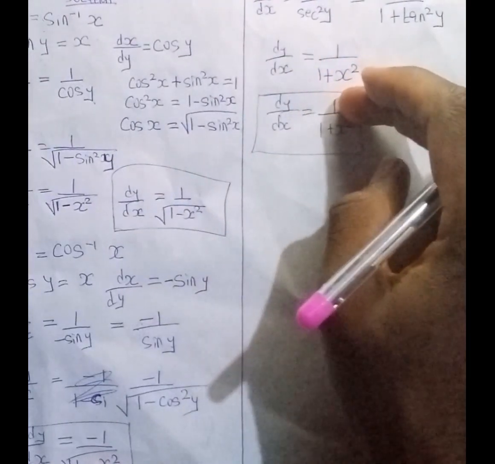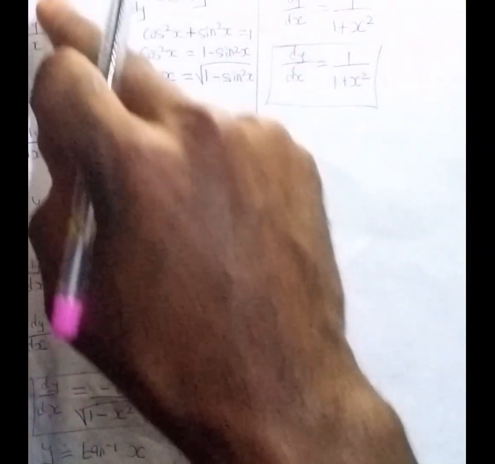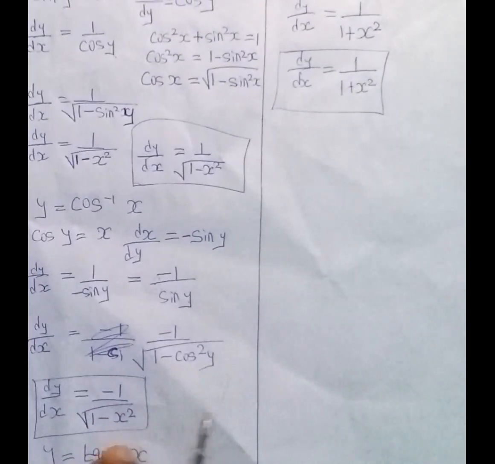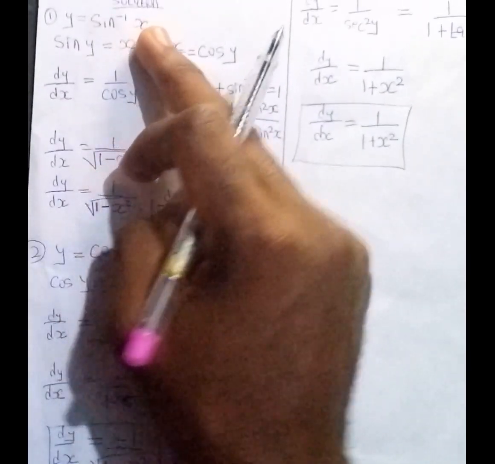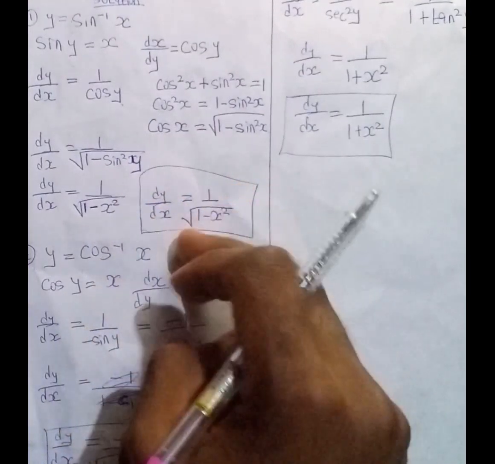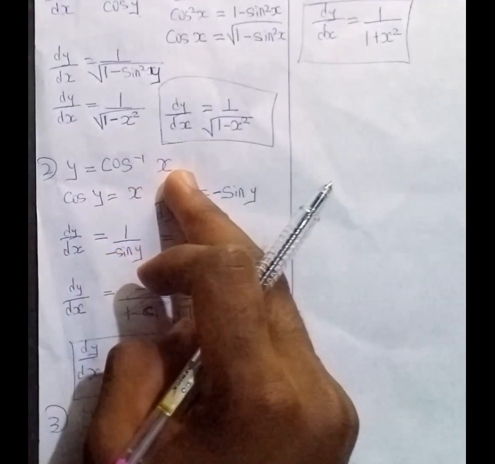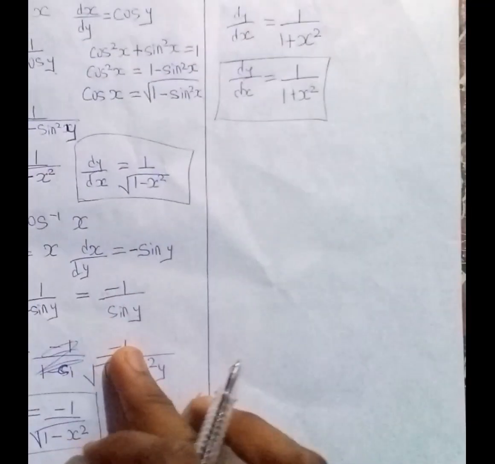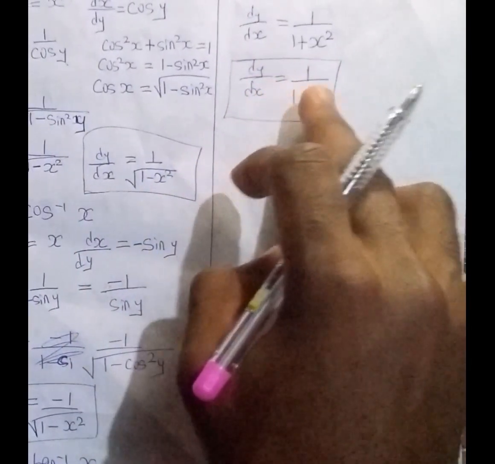So these three are the derivatives of each of the functions. For y equals sine inverse of x, we have that the derivative is 1 over the square root of 1 minus x squared. For y equals cos inverse of x, the derivative is minus 1 over the square root of 1 minus x squared. And for y equals tan inverse of x, the derivative will be 1 over 1 plus x squared.